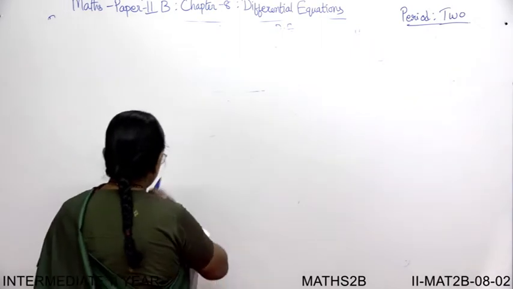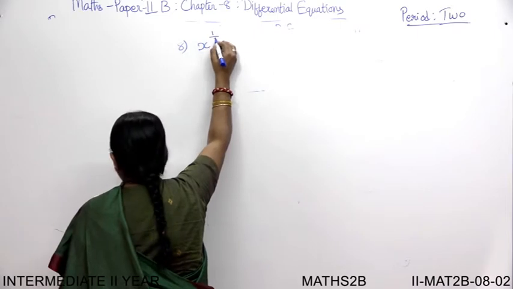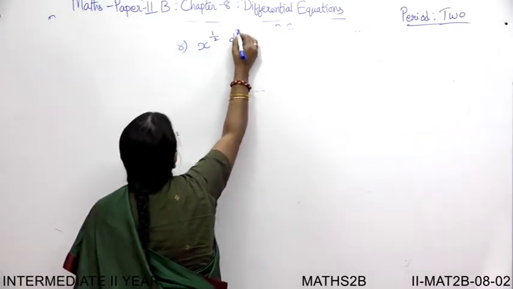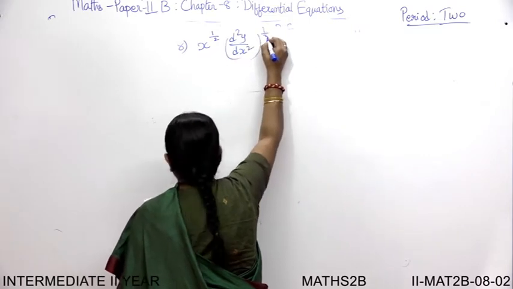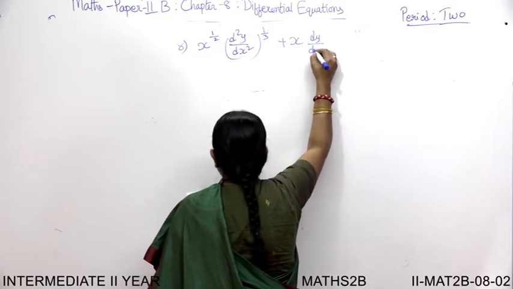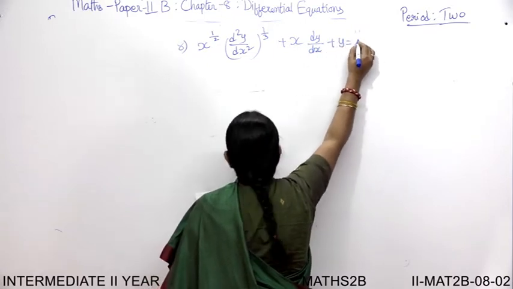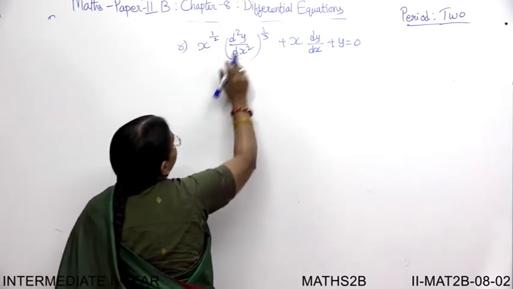The eighth problem was x to the power half into d square y by dx square whole to the power 1 by 3 plus x into dy by dx plus y is equal to 0. Here again you have a fractional power for the derivative.